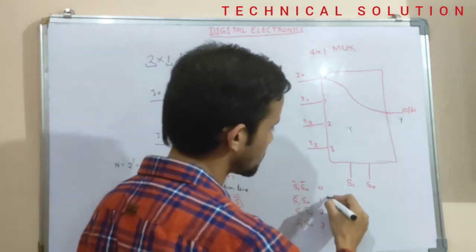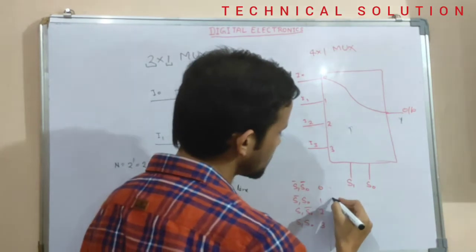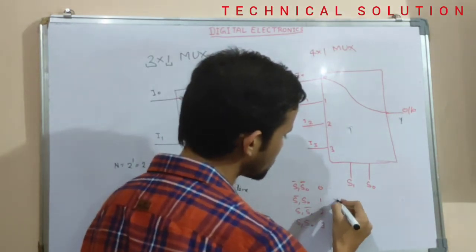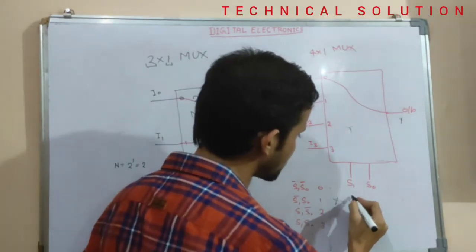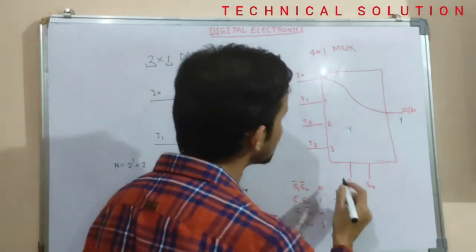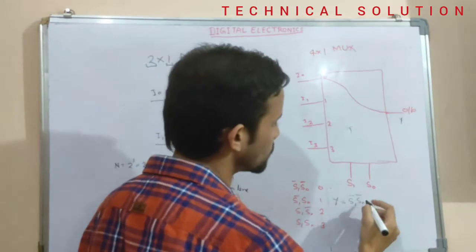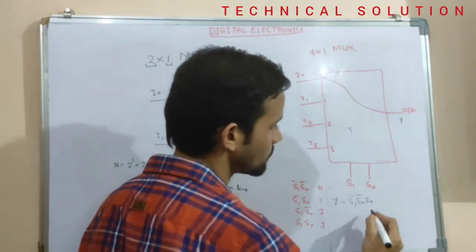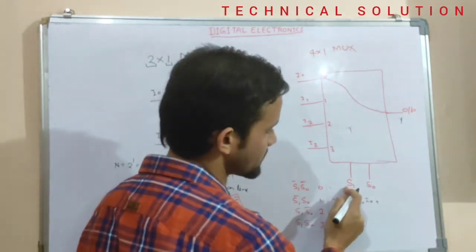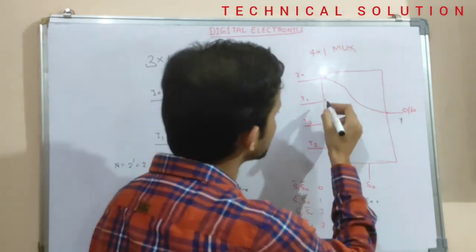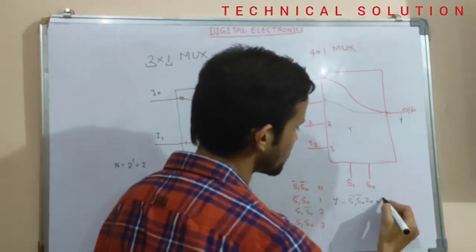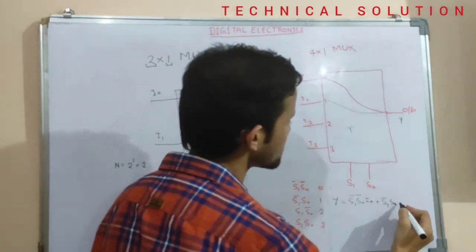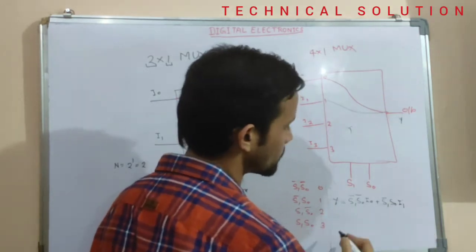So we can directly write the output in terms of a logical expression. If it is S1 bar S0 bar, then I0 is passed towards the output. If it is S1 bar S0, then I1 is passed towards the output.